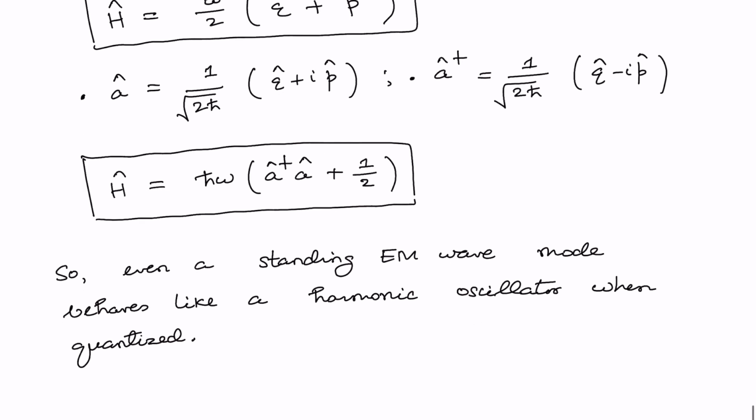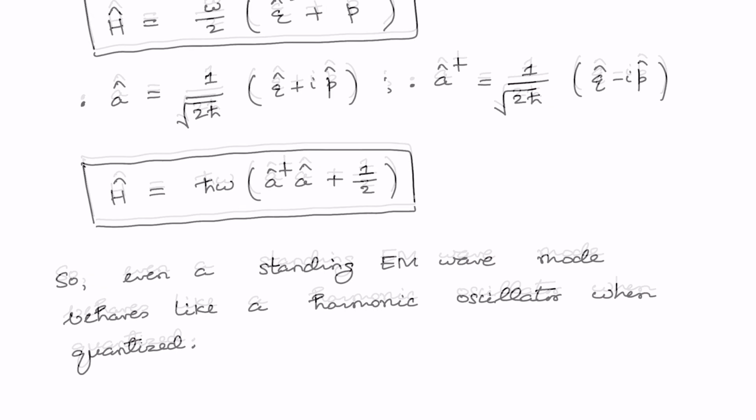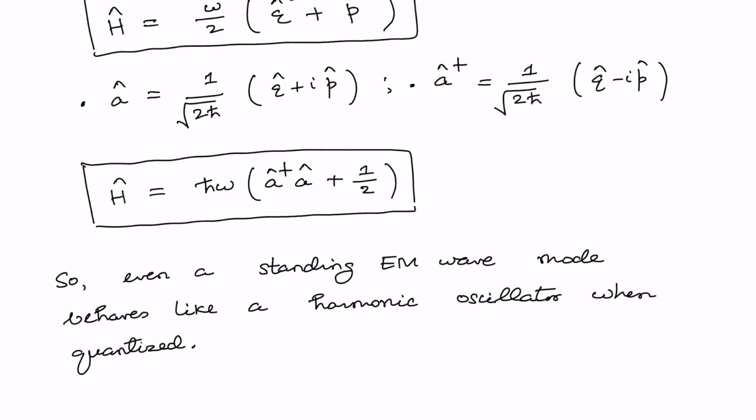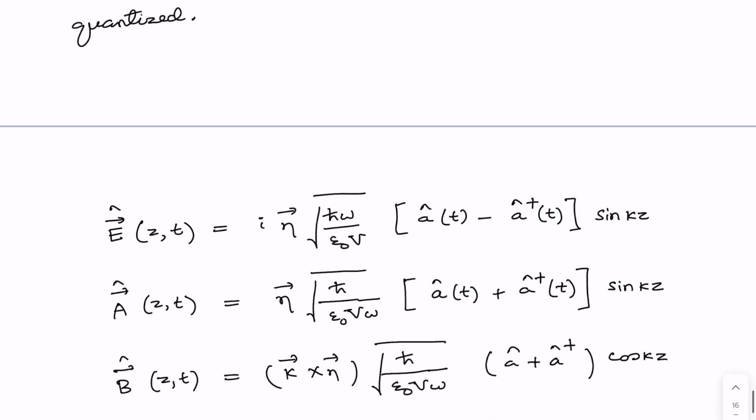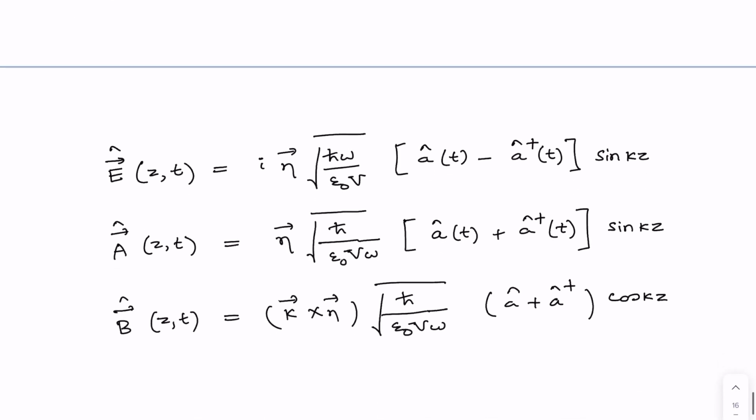And what you have seen is that even in the case of a standing electromagnetic wave, the mode behaves like a harmonic oscillator when quantized. And the quantum mechanical operator form of the electric and magnetic fields for the standing electromagnetic wave can be expressed in this form. Here we are writing the expression for the operator for the electric field, the vector potential, and the magnetic field.